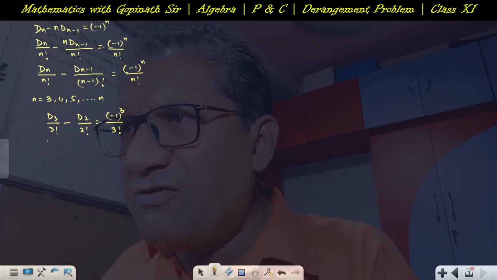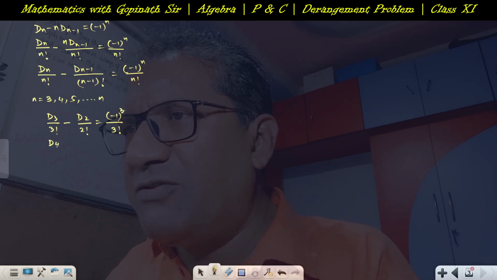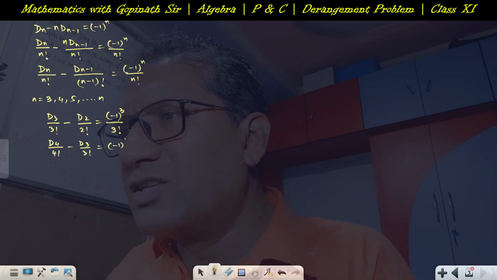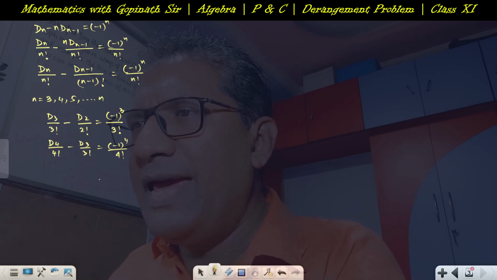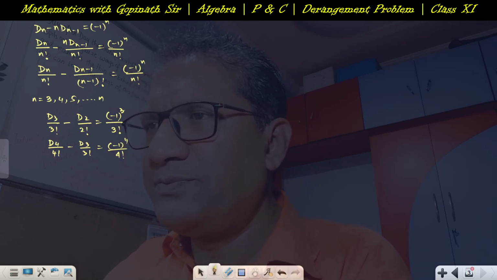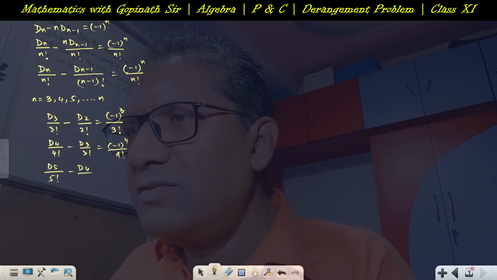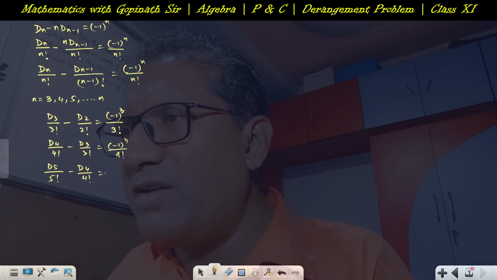So now, if I put 4, we are going to have d4 over factorial 4 minus d3 over factorial 3 is minus 1 whole to the power 4 divided by factorial 4. Again, in this case, if I put 5, I hope it is clear to everyone.